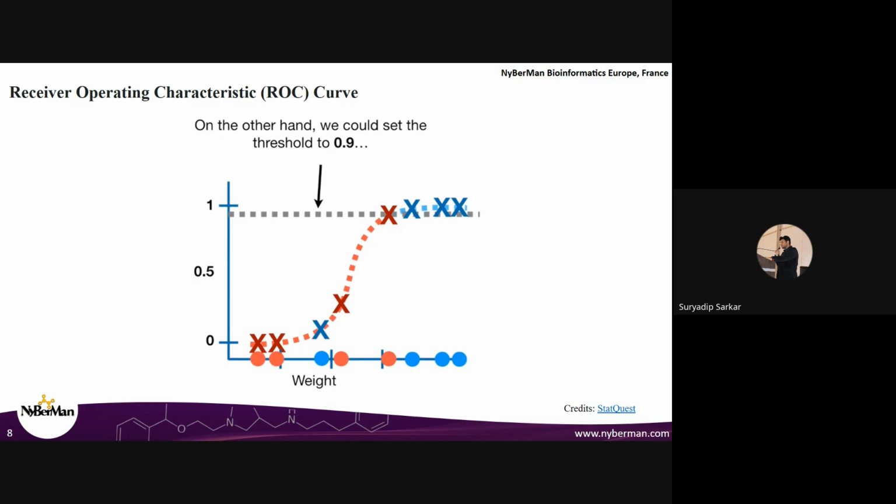So basically, when we change these thresholds, based on how we change the threshold, we can control how many false positives, false negatives, true positives and true negatives we are going to allow in our classification.